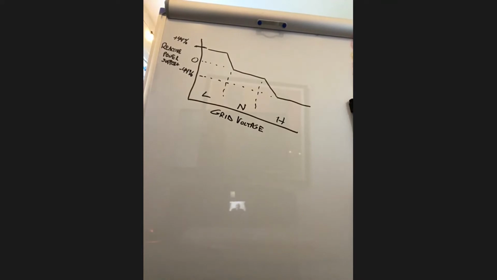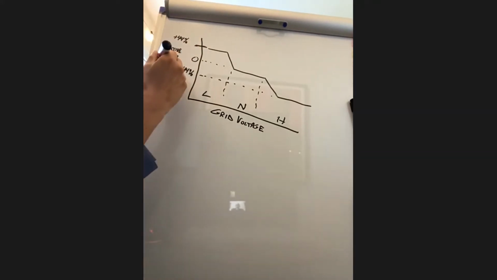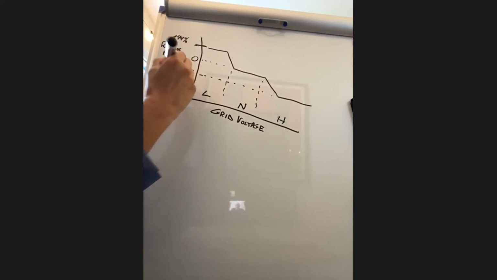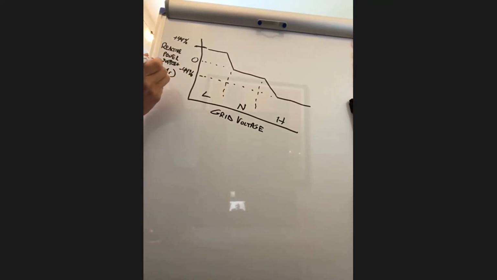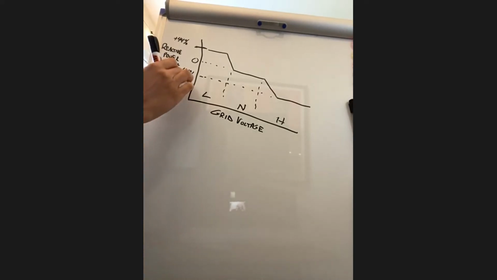And if you're unfamiliar, reactive power is measured in vars, volt amp reactive: capital V, capital A, lowercase r. It's basically the reactive version of a watt. By injecting vars onto the grid, you will raise grid voltage, and by absorbing vars, you will lower grid voltage.